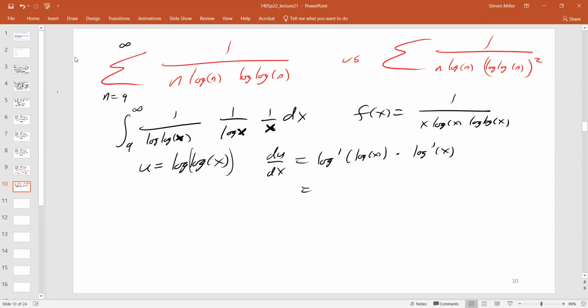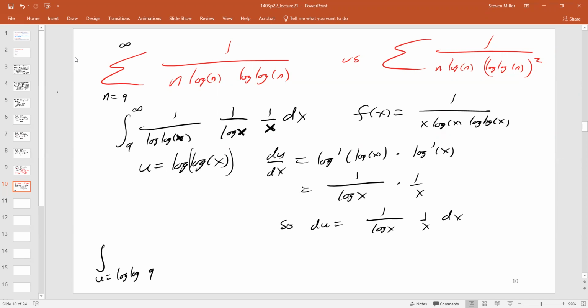So this becomes 1 over log x, and then the derivative of log x is 1 over x. So du is 1 over log x, 1 over x dx. Oh, come on, this is nice. Right? So if we choose u to be log x, then we are getting the integral, u goes from log of 9 to infinity, of 1 over u du.